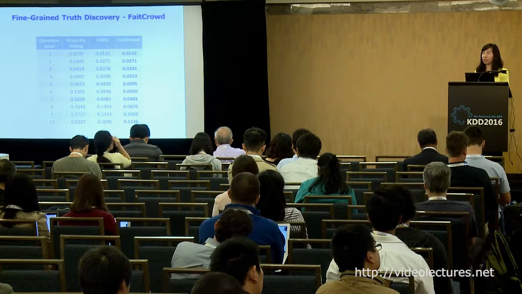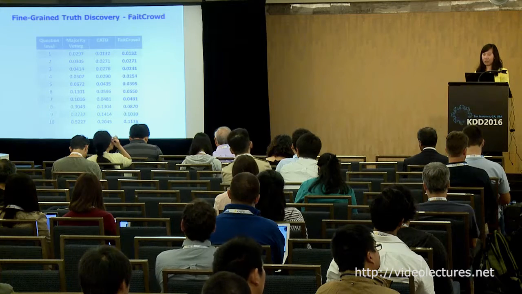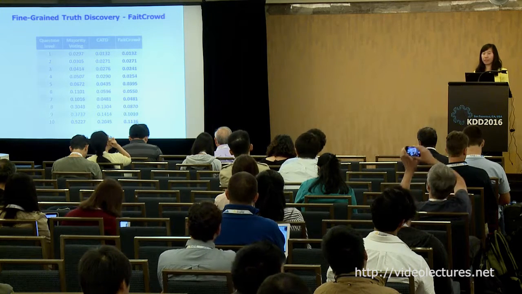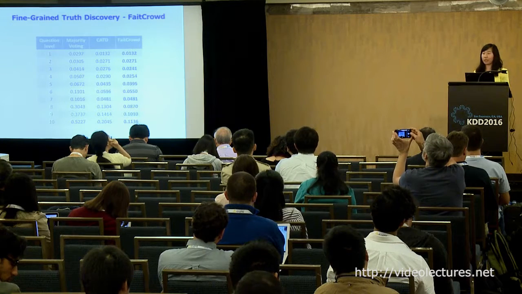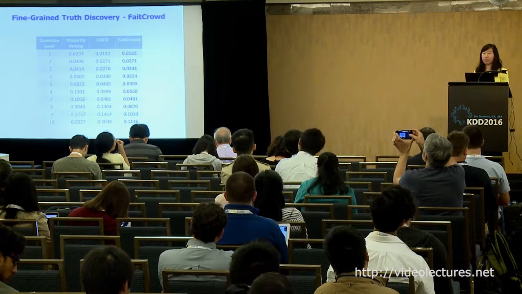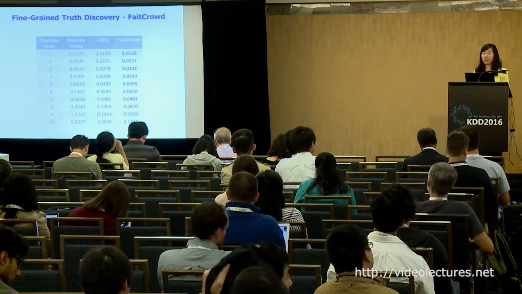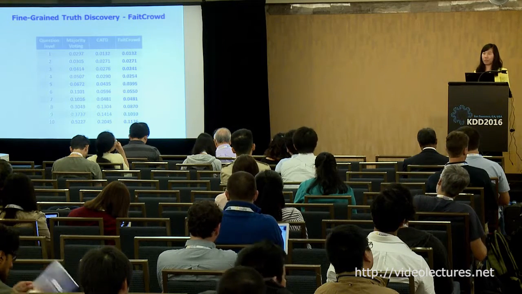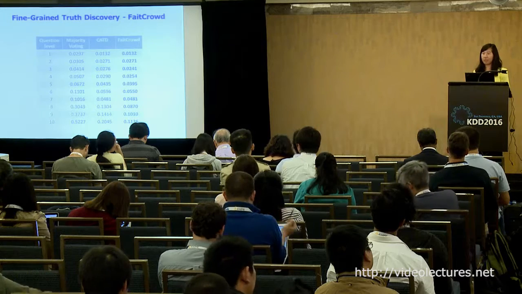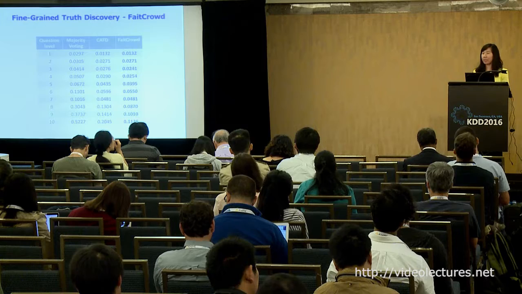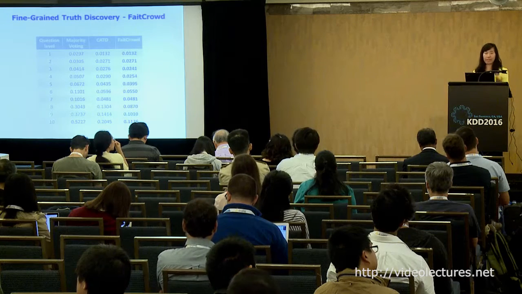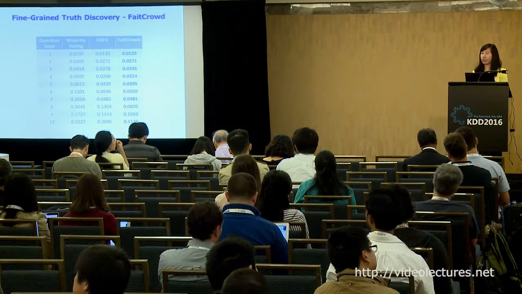In this paper, we also show another interesting application, related to knowledge base construction. We do a slot filling task. Slot filling means that for a given question, like finding the birthplace of a certain celebrity, we have a text corpus to extract such information.